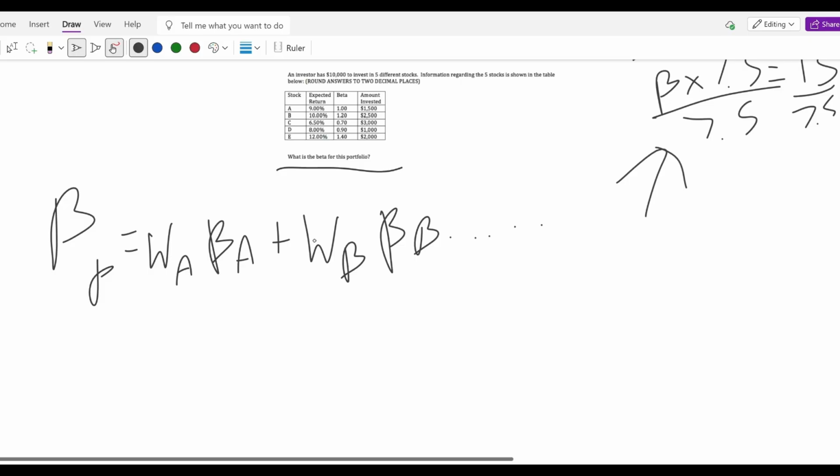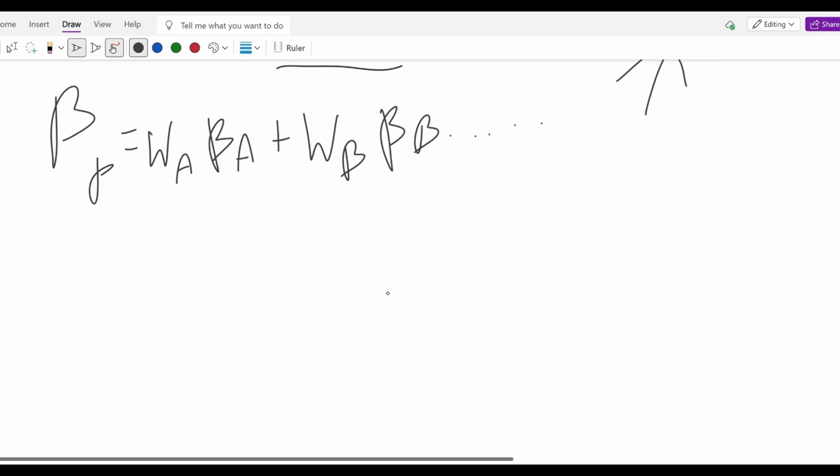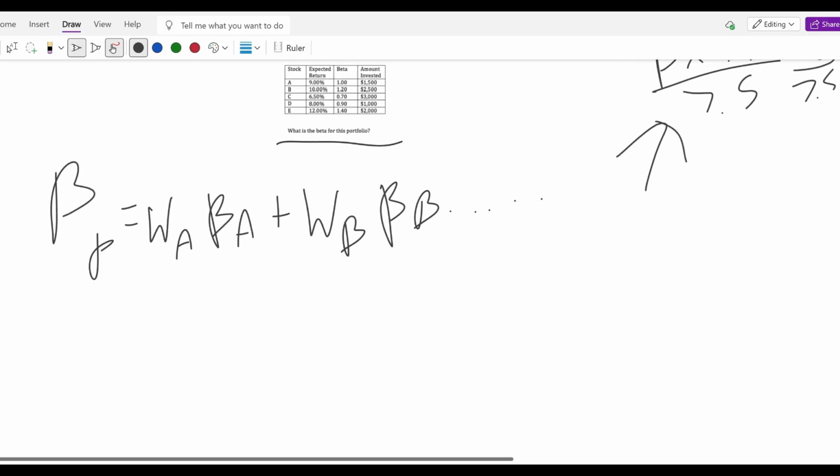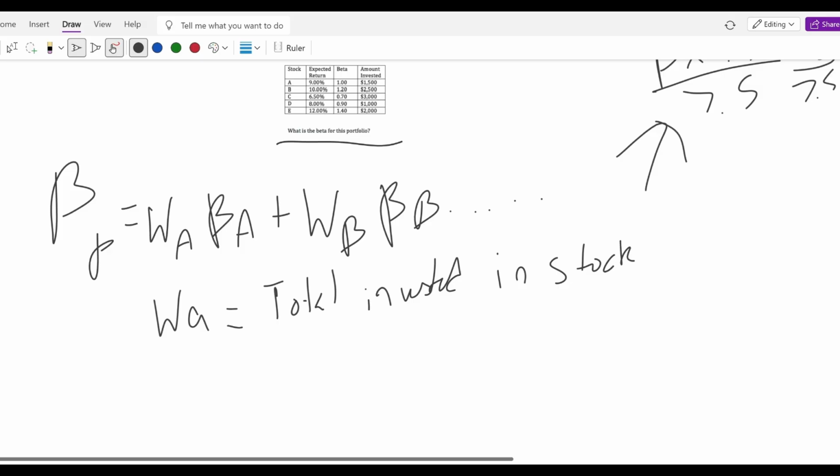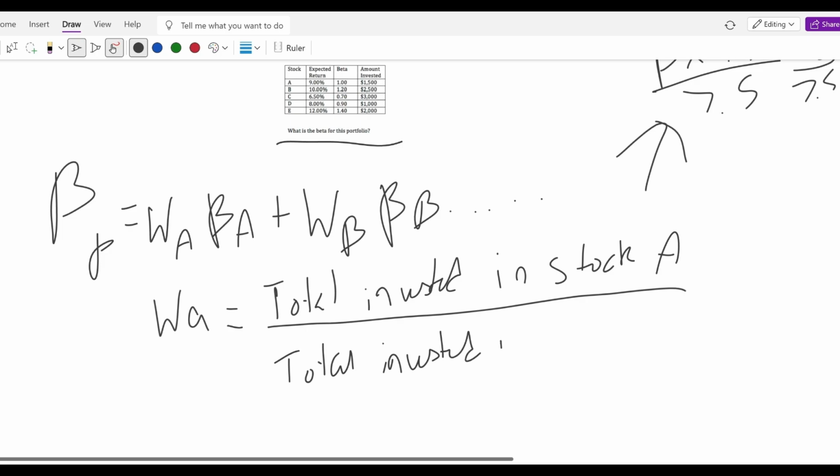So that means WA is equal to the total invested in stock A over the total invested in the portfolio. Because it's a weight, we want to see how much it's weighted.